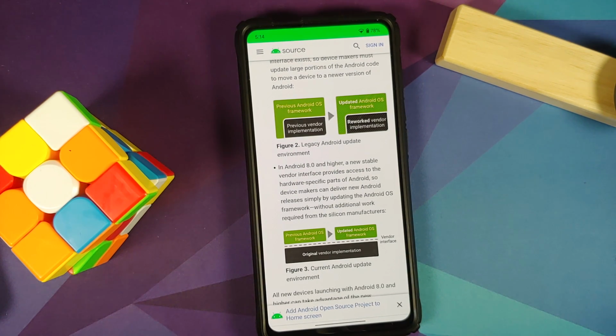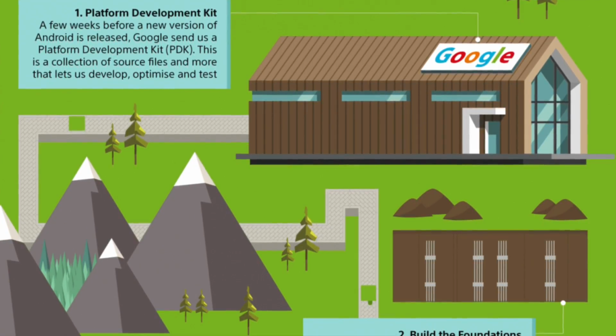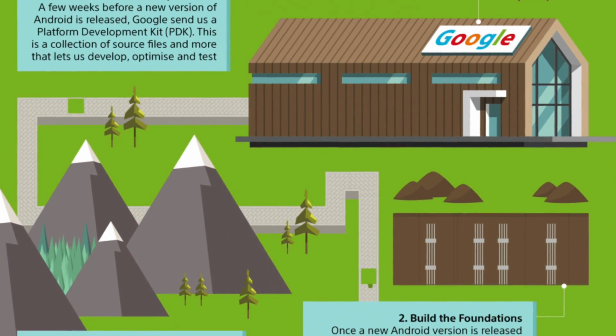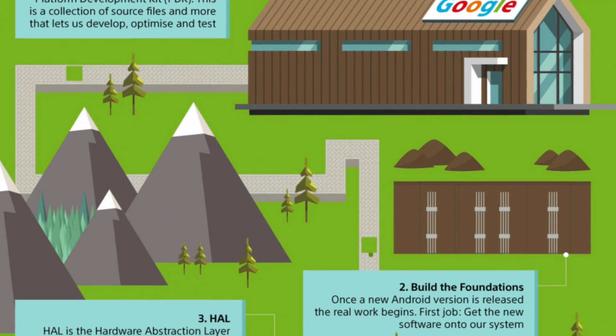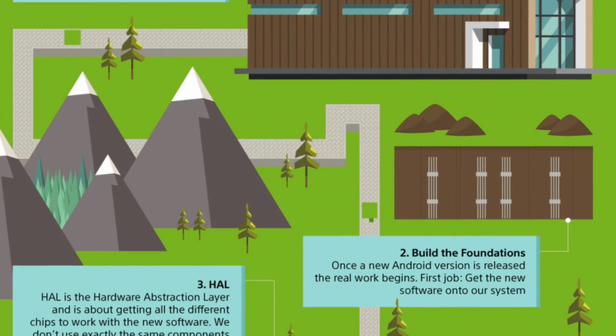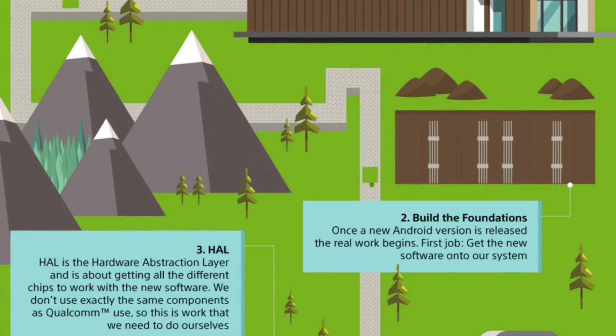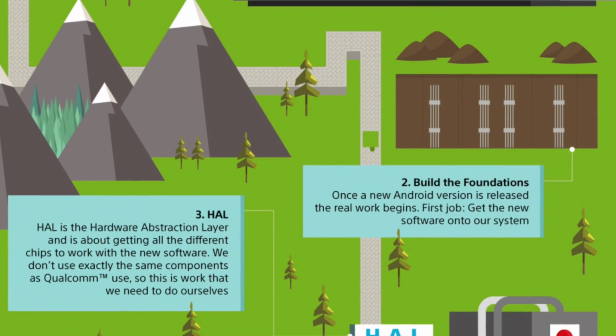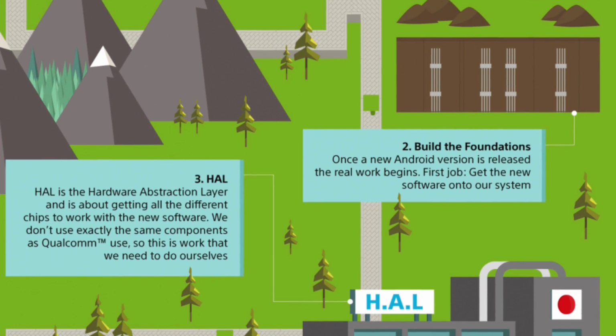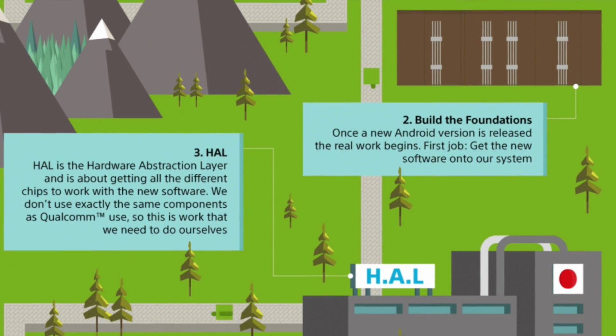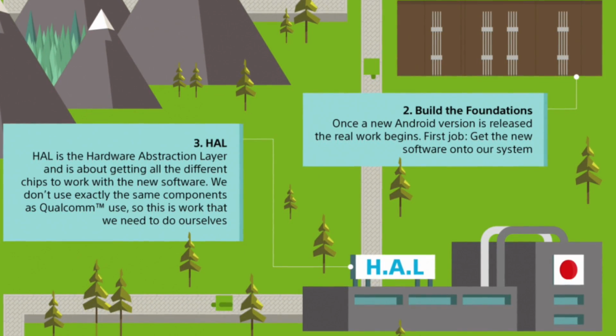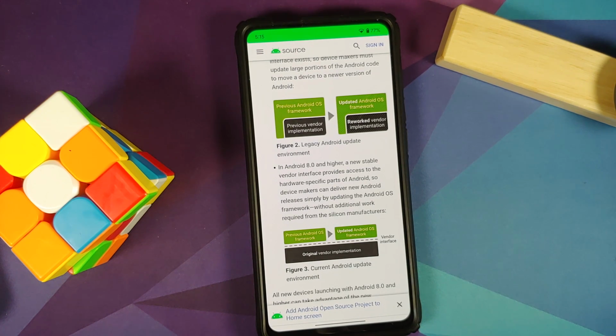This was causing delays in software updates. Why? Because once Google rolled out a new version of Android, they would send it over to say Xiaomi. Xiaomi would make the changes, and then Xiaomi would also have to wait for Qualcomm to make the appropriate changes, and then this whole life cycle was taking a lot of time, and Sony has explained this best.